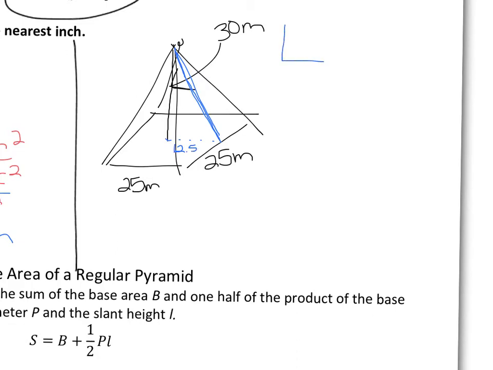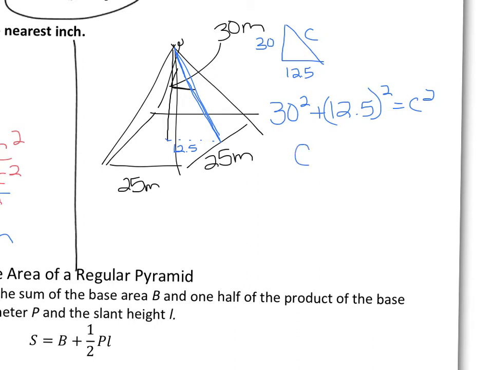So I've got a right triangle with one side measuring 30 and another side measuring 12.5. To find my slant height, we take 30 squared plus 12.5 squared equals c squared. When you plug those into the calculator and find the square root, you end up with c about 33 meters.